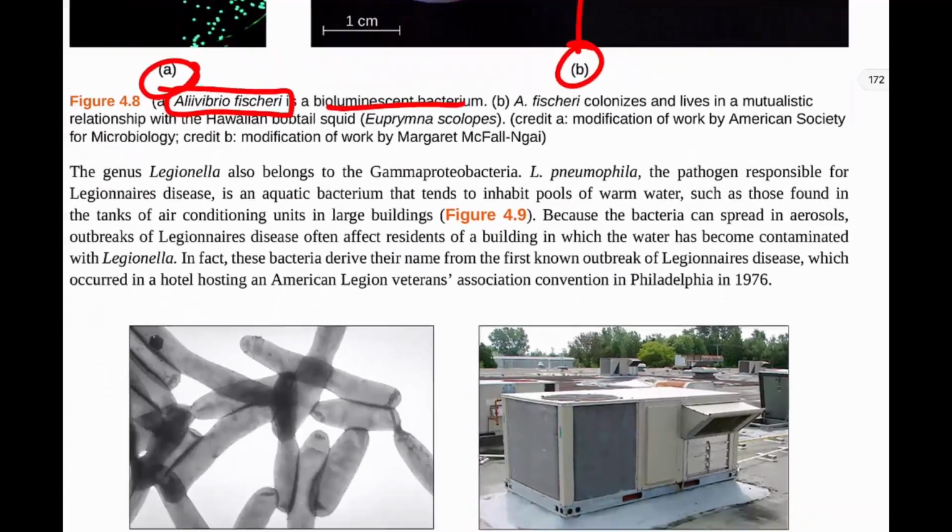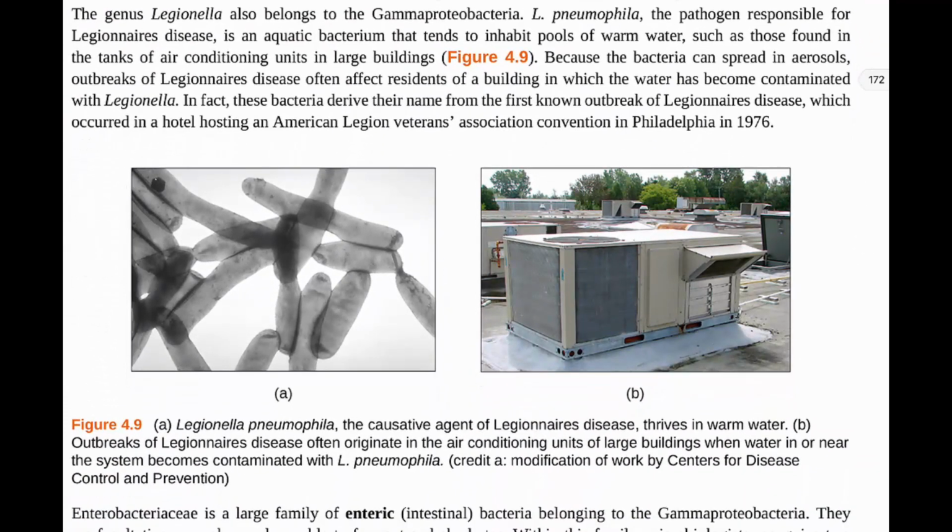Moving on to the next one, we have Legionella, which is our next genus of the Gammaproteobacteria group. L. pneumophila, the pathogen responsible for Legionnaires' disease, is an aquatic bacterium that tends to inhabit pools of warm water, such as those found in the tanks of air conditioning units in large buildings.